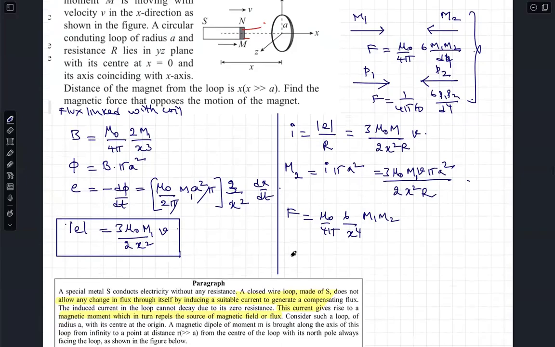You will get the coefficient 9 by 4, 3 by 2 times 3 by 2, and the pi term cancels. You have mu naught square term, m1 square term, a square term, v term divided by x power 4 into x power 2, so x power 6.